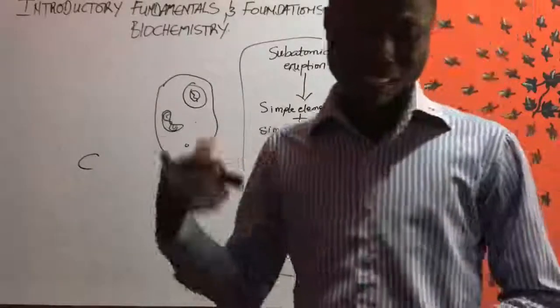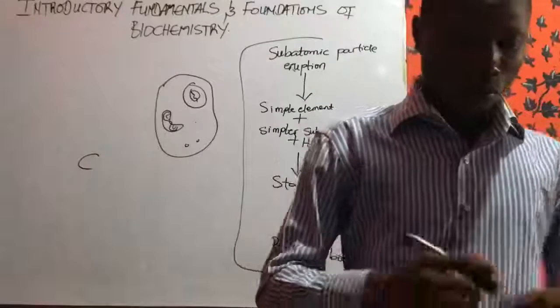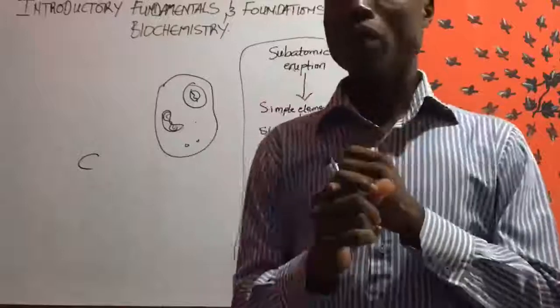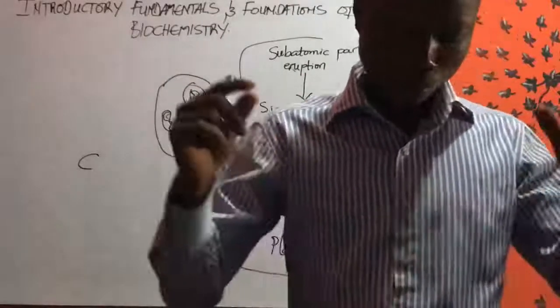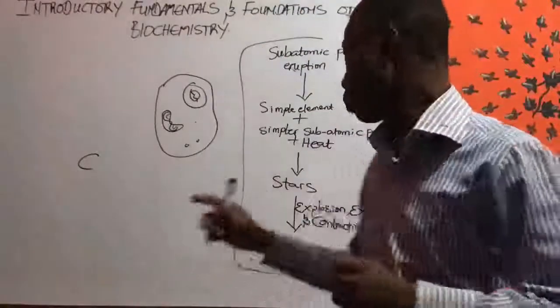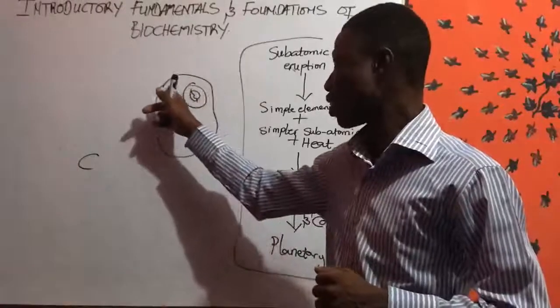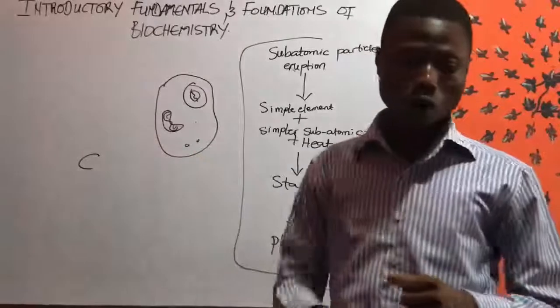Now, the activity of the plasma membrane on all cells is governed by, one, the availability of transport protein. For instance, here I may have a transport protein. It is this transport protein that will regulate what comes in and what goes out of the cell.